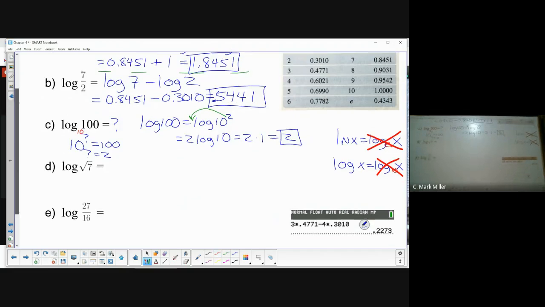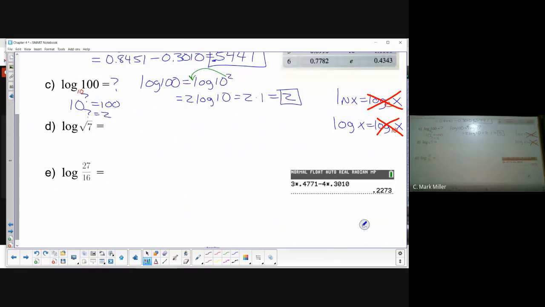Down here. Oh, we're getting good. This is good. Okay, you ready? Log square root of 7. Square root of 7 is not on our table. I wouldn't expect it to be on the table. This is log 7 to the 1/2 power. And then that exponent can come down front.